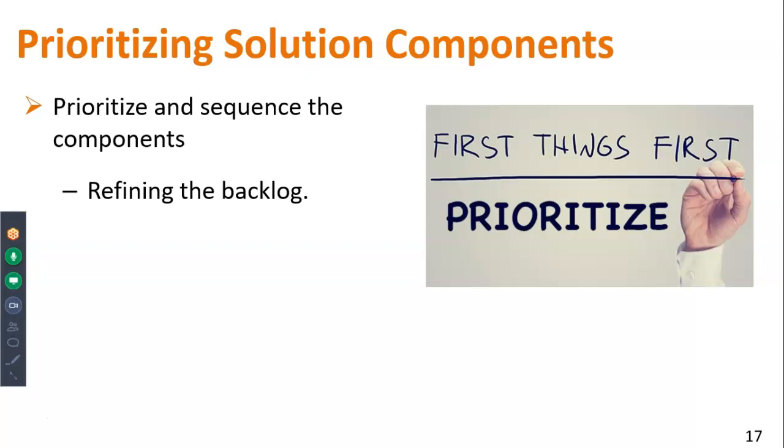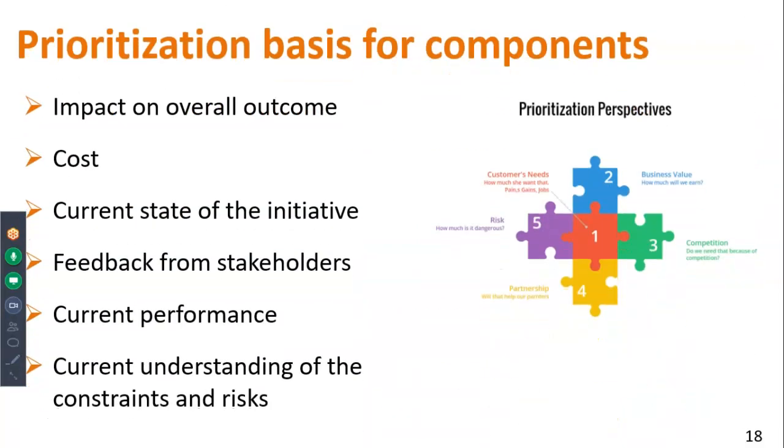It's applied slightly differently at the initiative horizon than it is at the delivery horizon. But we want to be looking at things and asking why we're doing them and what value they're going to add to our ultimate solution. So how do we prioritize things? This is not necessarily how we prioritize things, but it is just to point out that there are different perspectives that we can use for prioritizing our work.